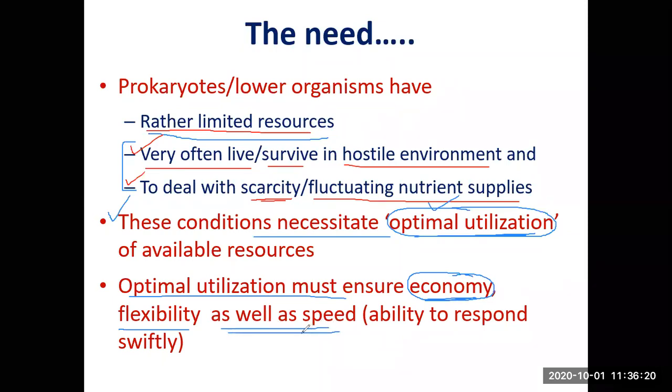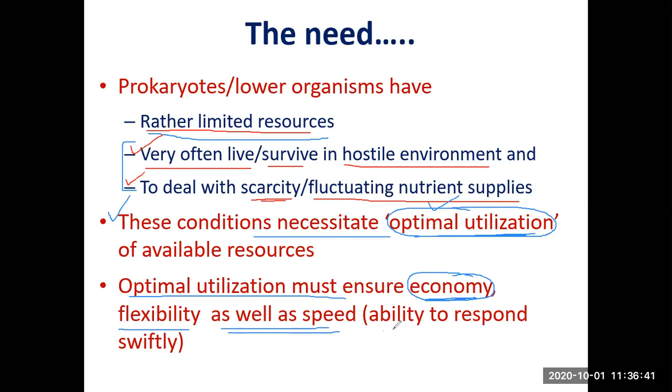Okay, if it takes a very long time, because a bacteria has a lifespan of only 30 minutes. So with the change in environmental condition or nutrient supply, it should be able to not only switch over from one compound to the other, one metabolite to the other, but it should be able to do so very quickly, swiftly, with a lot of speed.